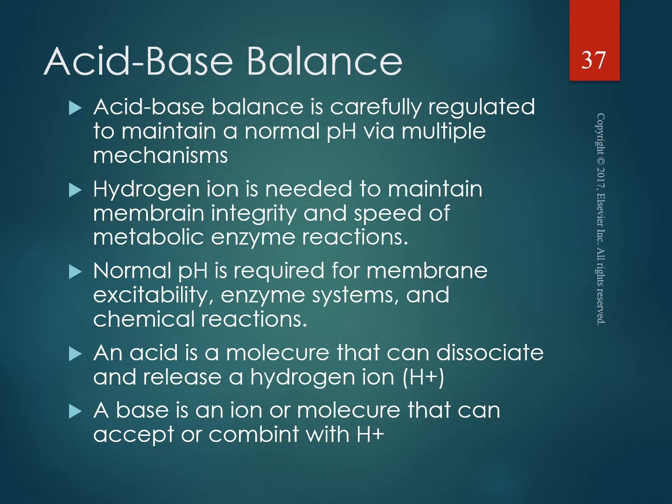So, when we're talking acid-base balance, it must be carefully regulated to maintain a normal pH via multiple mechanisms. Slight changes in the amounts of hydrogen and changes in pH can significantly alter the biological processes in cells and tissues. Hydrogen ion is needed to maintain membrane integrity and speed of metabolic enzyme reactions.